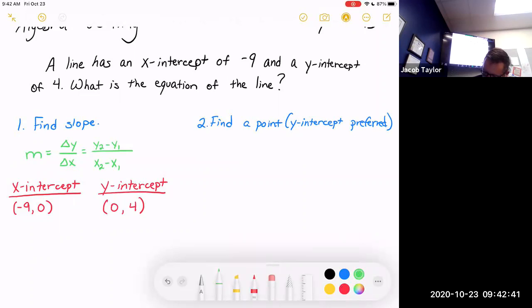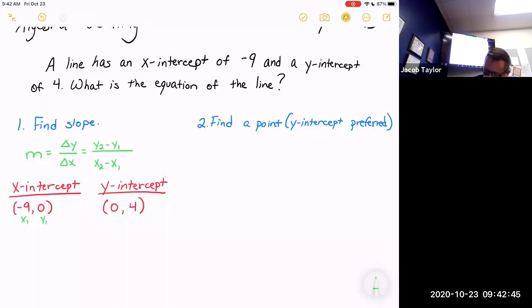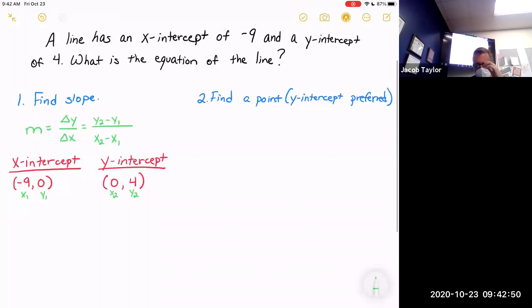Let's call the first one x1 and y1, and we'll call the second coordinate x2 and y2. I don't have to. I could have done x2, y2 first. That just would have been weird.